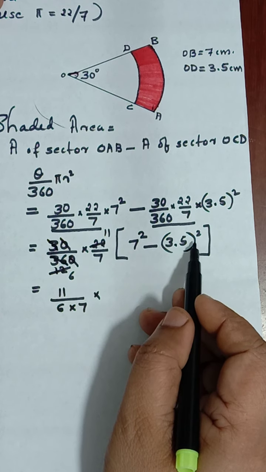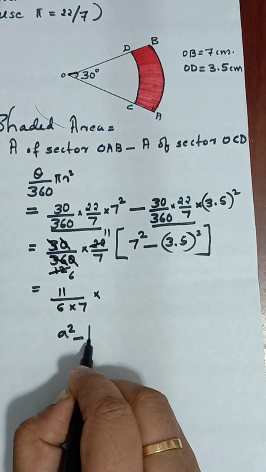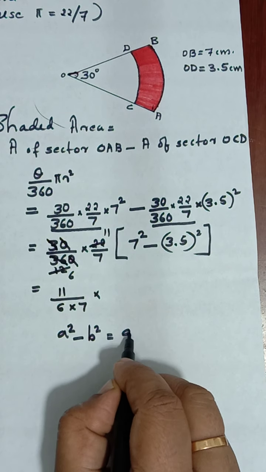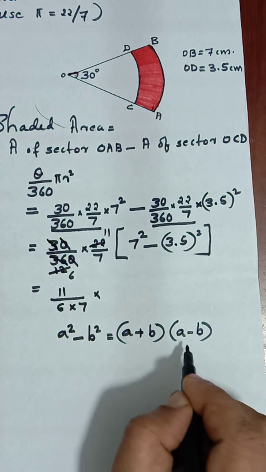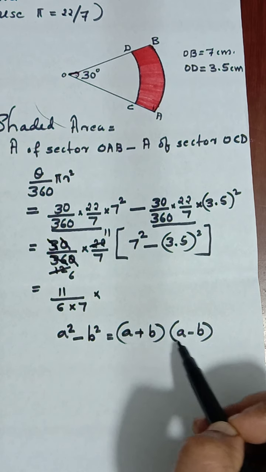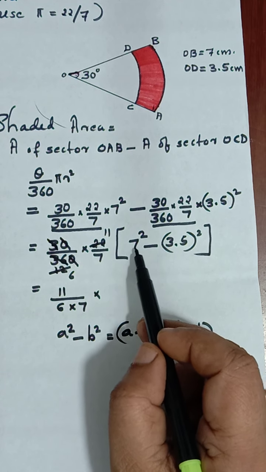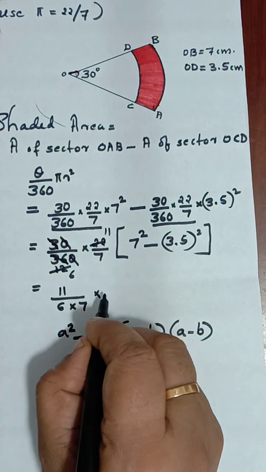This is like a square minus b square. What is a square minus b square? A square minus b square is equal to a plus b into a minus b. A plus b, 7 plus 3.5. What is 7 plus 3.5?